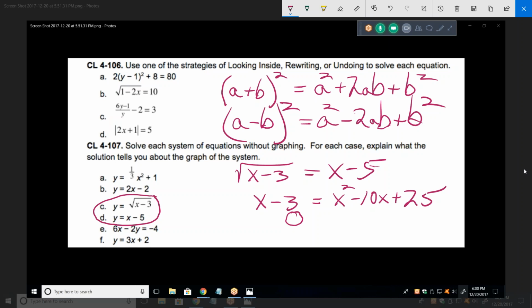So I don't want to bring the terms on the right all the way over to the left. I want to take the terms on the left and move them to the right. That will keep that coefficient positive. I'm planning on factoring. What else? So 0 is equal to x squared minus 11x.